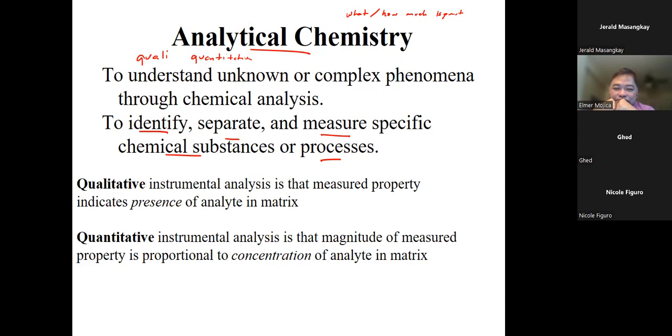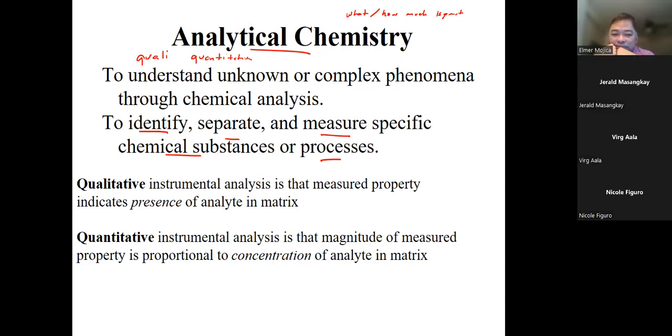Kaya po need po natin ng qualitative muna bago yung quantitative. Okay. Because in doing so, you're not going to waste time, the reagent that you're going to use. If it's not present in the sample in the first place, why do quantitative? And usually quantitative are more expensive than qualitative.